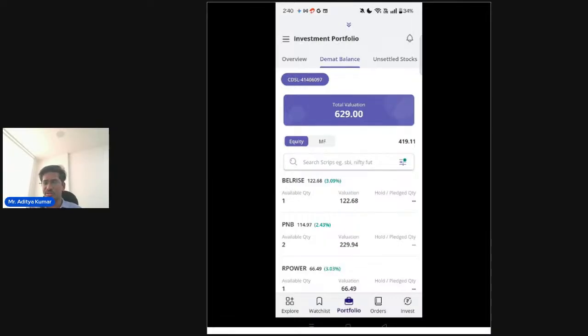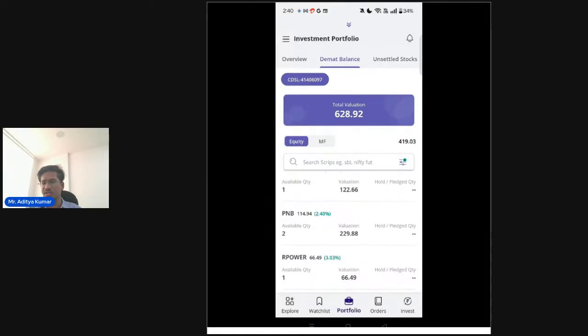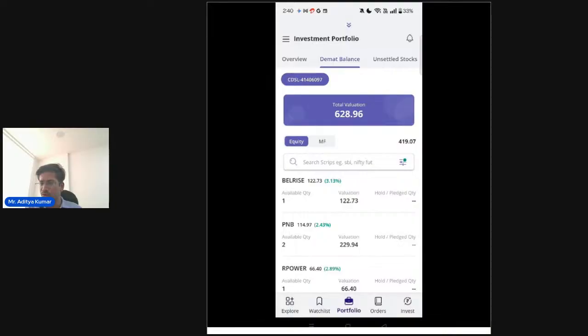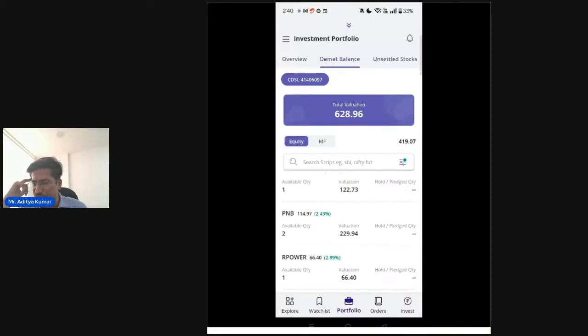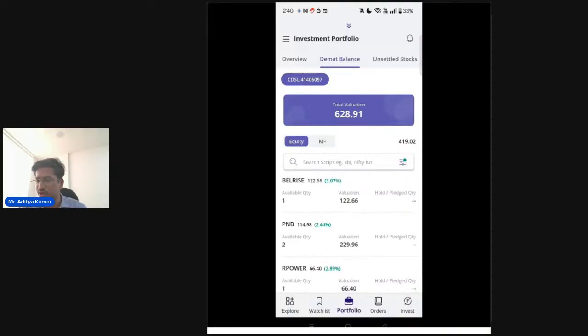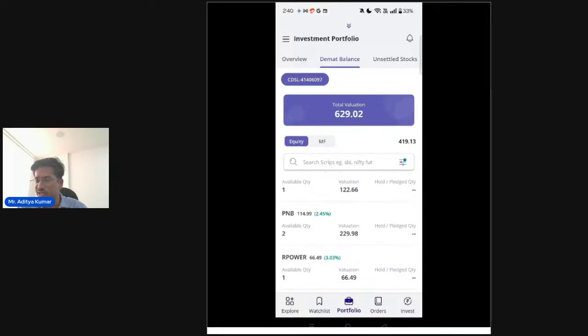For each stock you will see its current market value, the quantity of shares you hold, and its performance, typically shown as a percentage. You can see I have bought Bellrise, PNB, and R Power, with a percentage return showing how much each is going up right now. Bellrise is 3.07, PNB is 2.45, and R Power is 3.05. After that, you have MF.